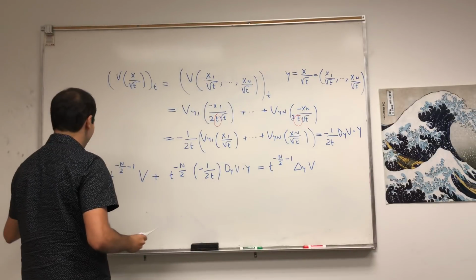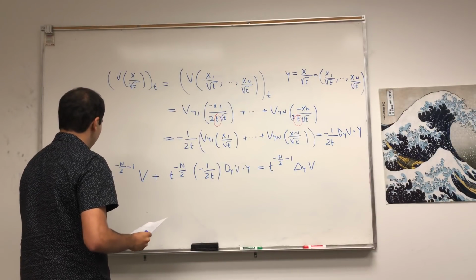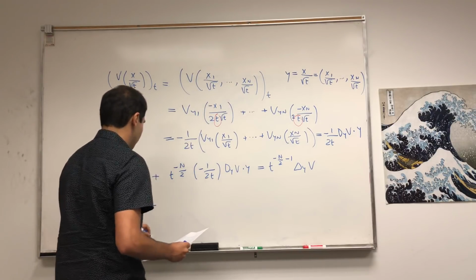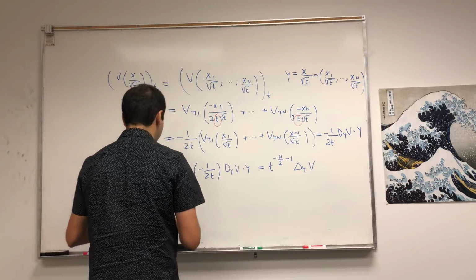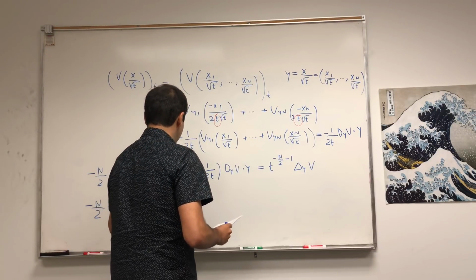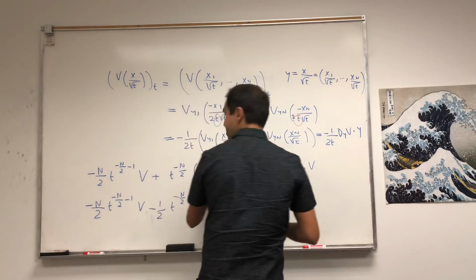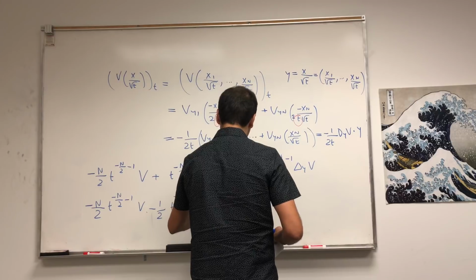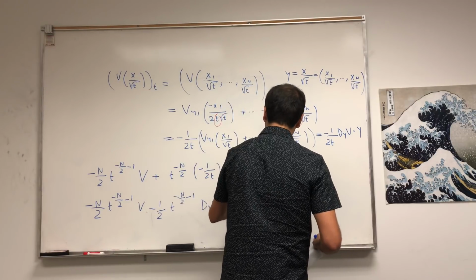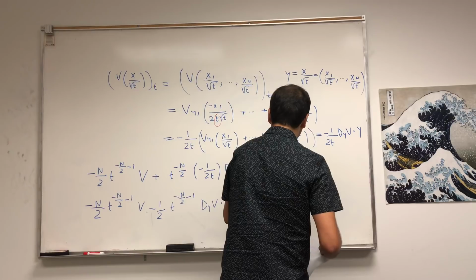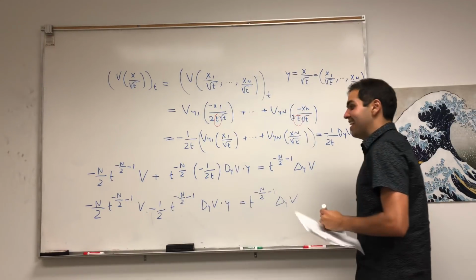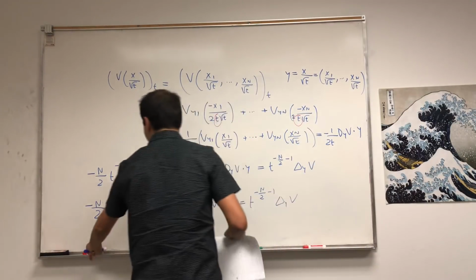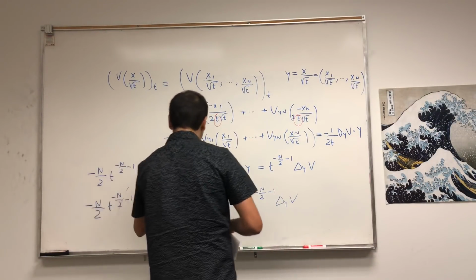It would be nice if they disappeared, but let's see. Minus n over 2, t to the minus n over 2 minus 1 v, plus minus 1/2, t to the minus n over 2, but because of this minus we have a minus 1, gradient of v dotted with y, and t to the minus n over 2 minus 1 Laplacian of v. And lo and behold, all the t's here disappear. Math is beautiful.